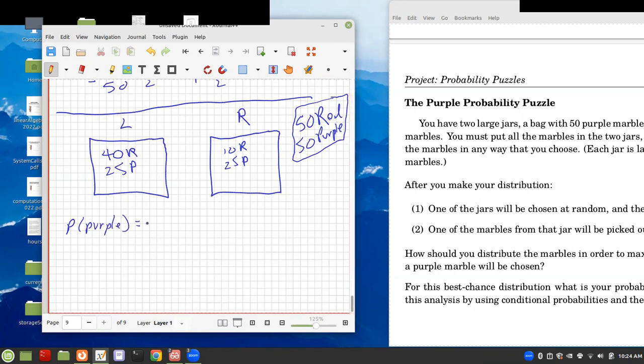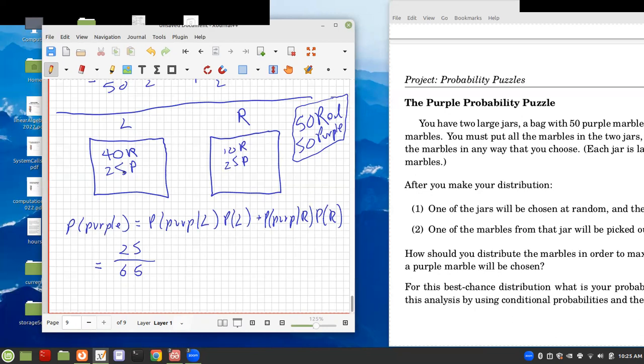Well, that's the probability that it's purple given that it's left, times the probability on the left, plus the probability purple given that it's right, times the probability right. Well, the probability it's purple if you have the left is going to be 25 over 65, right?